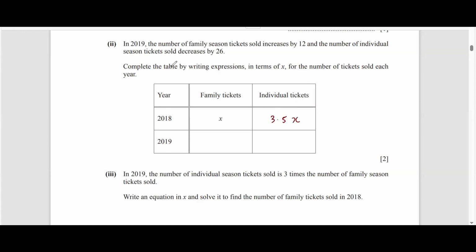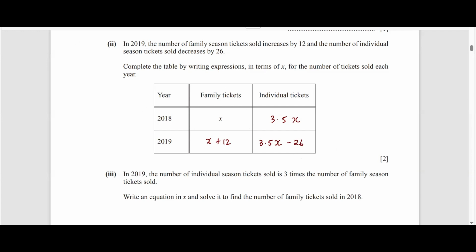Now in 2019, the number of family season tickets sold increases by 12. So X increases by 12 means it will be now X plus 12. And the number of individual tickets sold decreases by 26. So individual tickets was 3.5x, decreases by 26 means it is minus 26.